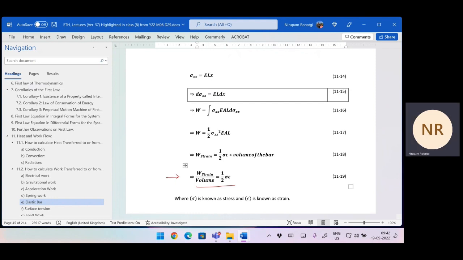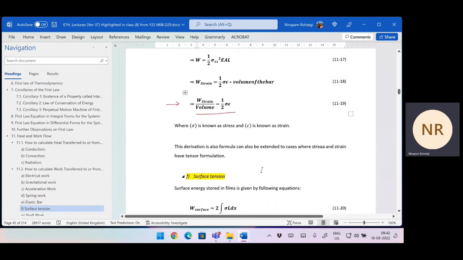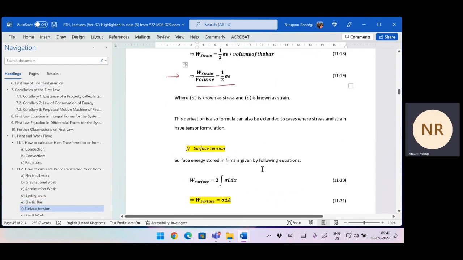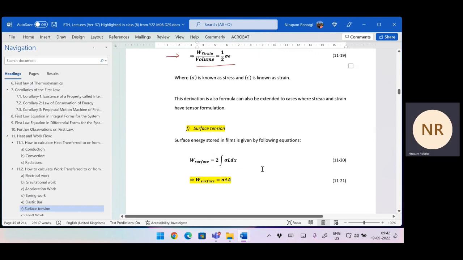So elastic deformation, same as spring. The spring is also strain energy, and deformation of solid bodies is also stored as strain energy. This is all there in Sengel and Bowles, you can see there.